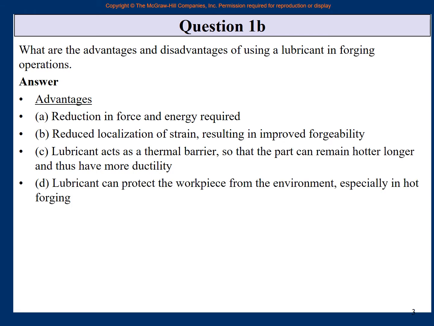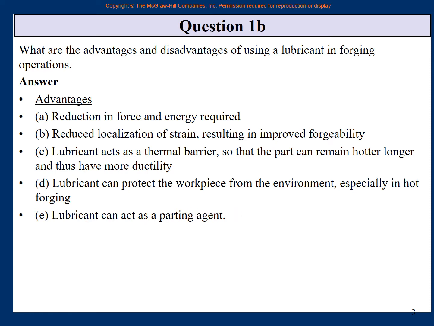Lubricant can protect the workpiece from the environment, especially in hot forging. If it is hot forging, then air and oxygen and so on can start reacting. But if the lubricant is there on top of the metal, then it will stop the chemical reaction. So this will be good. Lubricant can act as a parting agent, right?